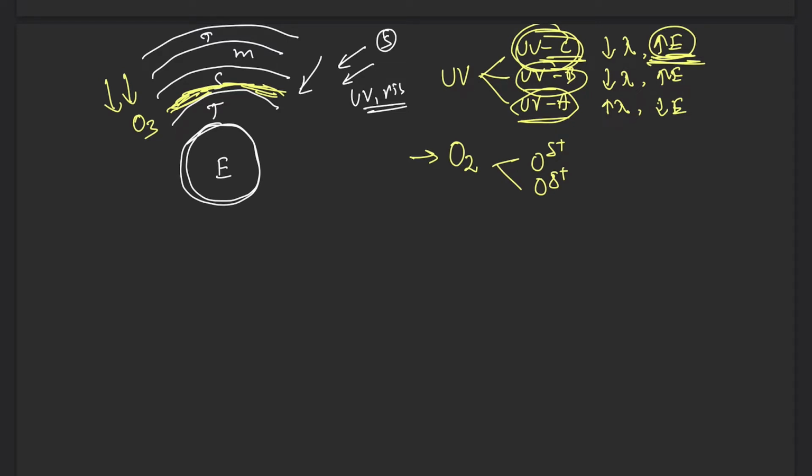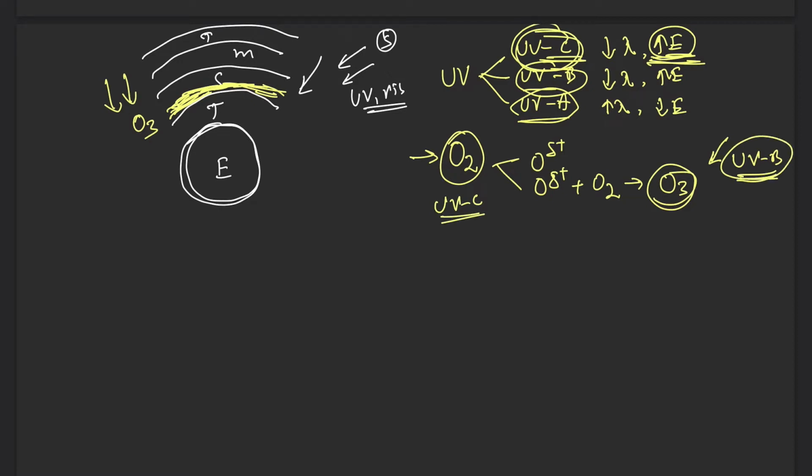This nascent oxygen combines with oxygen molecules to form ozone molecules, right? So this is the layer of ozone. This ozone layer mainly absorbs UVB radiation. Oxygen molecules absorb UVC radiation and the ozone layer absorbs UVB radiation.